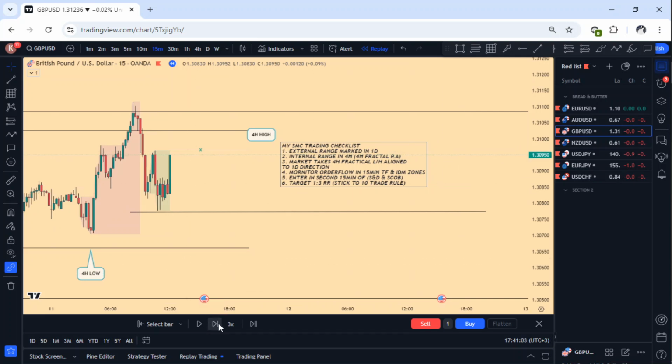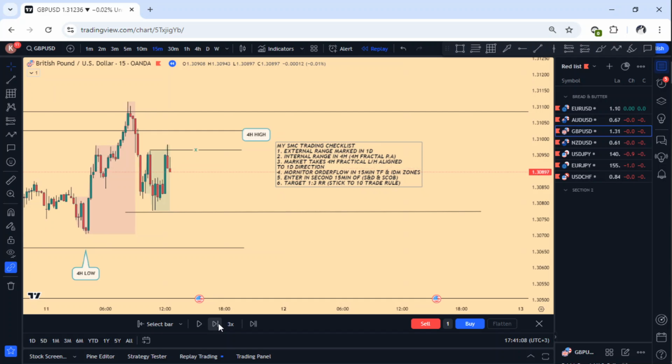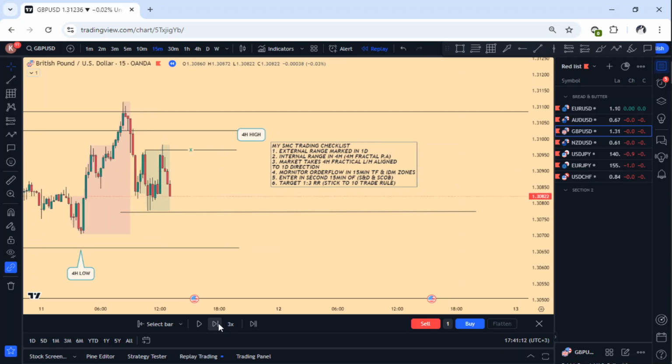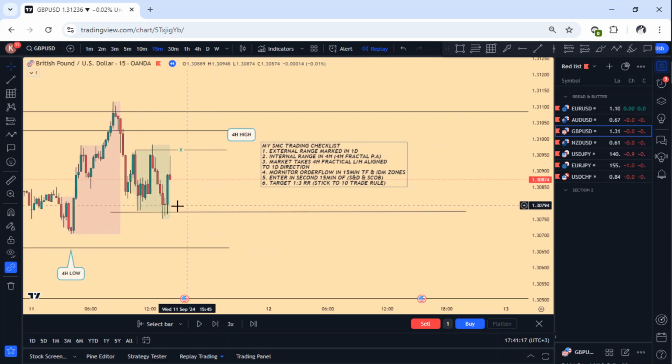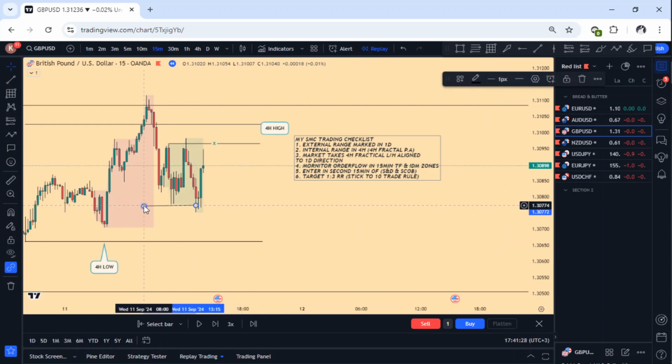So immediately we see that inducement being taken, tap onto the above supply zone, and then we see a push down causing that break. If you check on 4 hours, you will realize that this 4 hours low has been taken. It means now the market is back to selling, so you can sell above here.